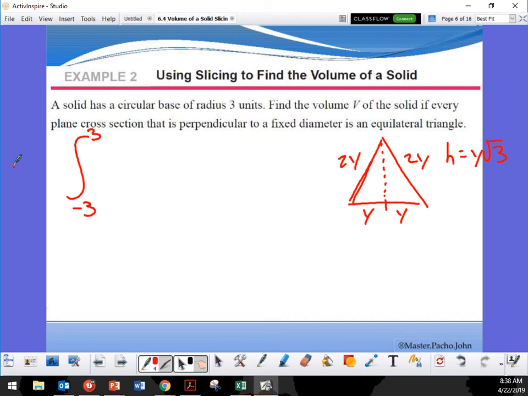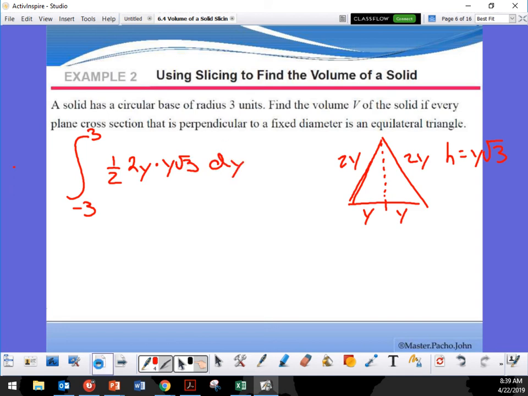All right. So now, how do I find the area of a triangle? Half base times height. So a triangle would be 1/2, right? What's going to be the base of this? 2y, times my height, which is y square root of 3, and it's dy.